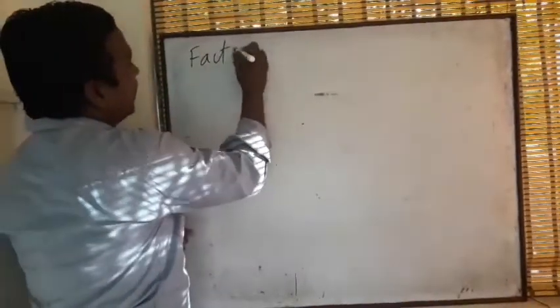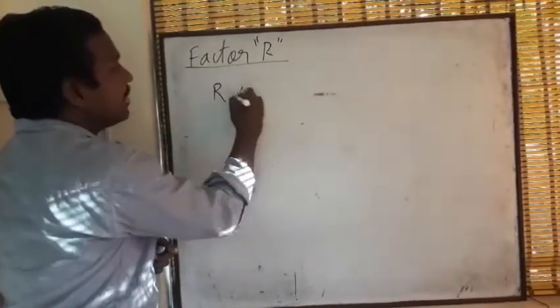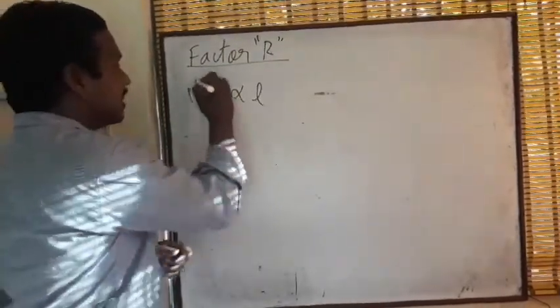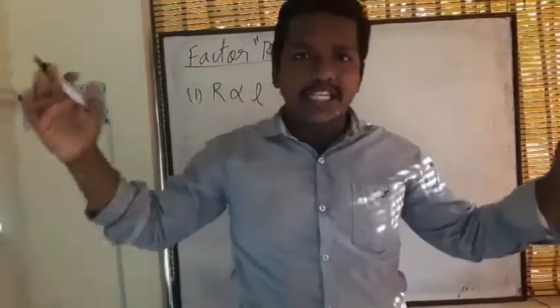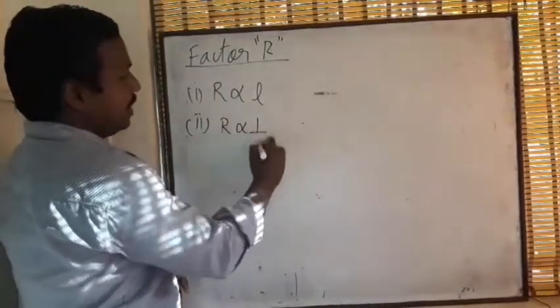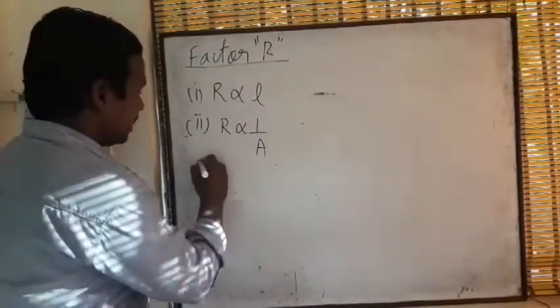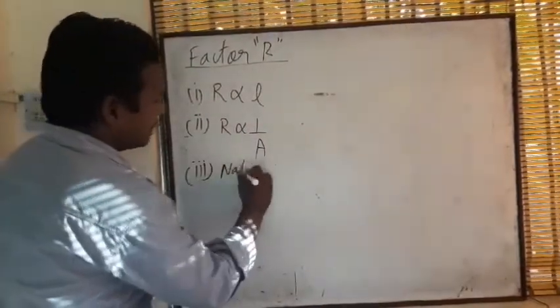Again, we are going to learn the factors affecting resistance. Resistance is directly proportional to length: the more length, the more resistance. Resistance is inversely proportional to area: if there is more area, resistance will be less. Another factor is nature and temperature.